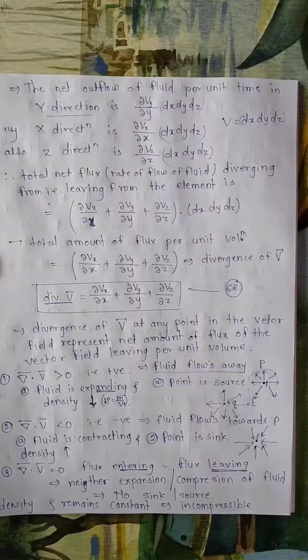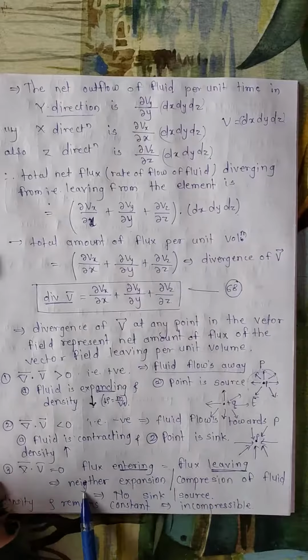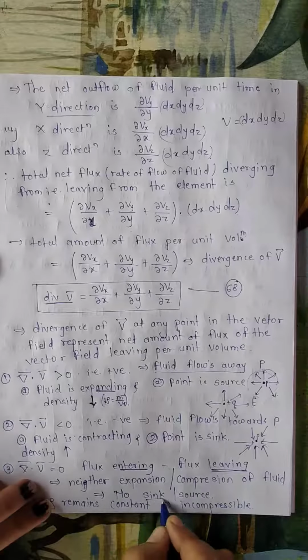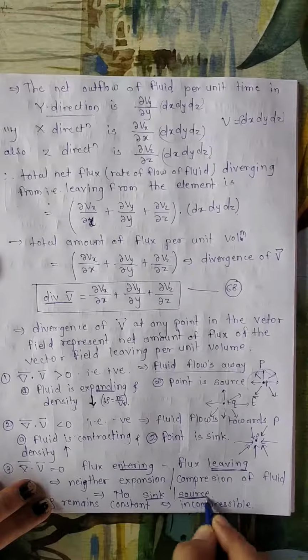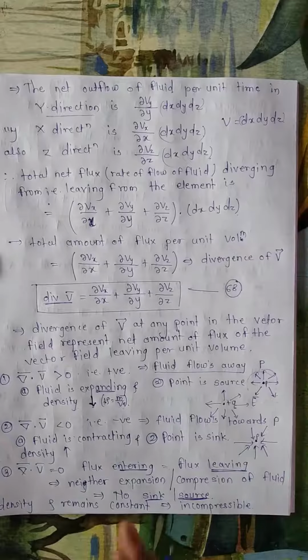Whenever divergence is zero, the amount of flux entering through a volume element will be equal to the amount of flux leaving the volume element. If both are equal, there is neither compression nor expansion, and hence no source or sink, so density will remain constant. Such fluids are called incompressible fluids.